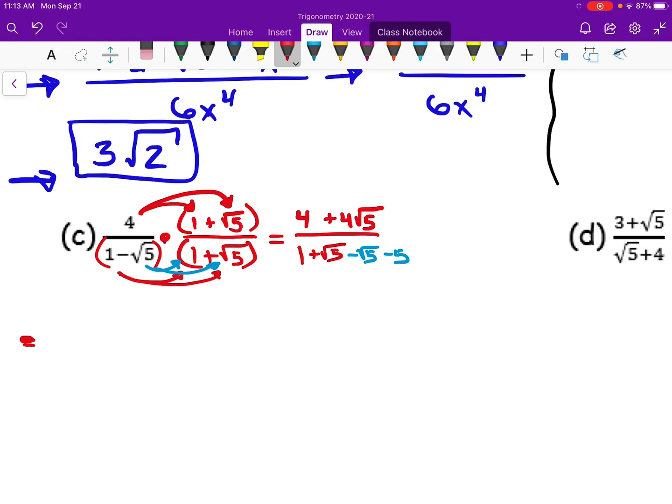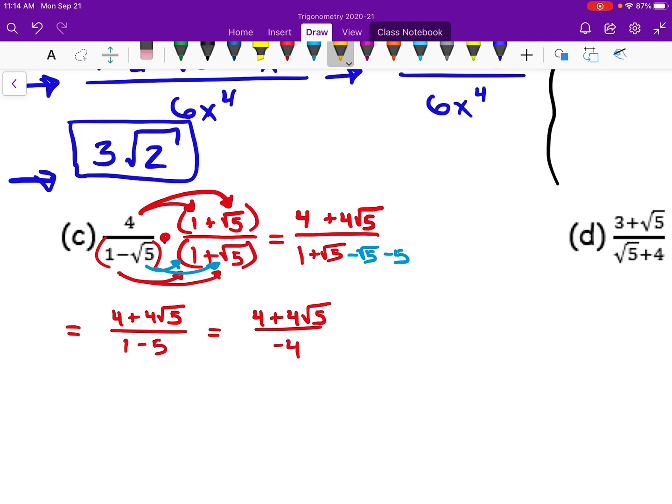So equals, top doesn't change. Over, the middle terms cancel, so 1 minus 5. One more cleanup: 4 plus 4 square root of 5 over negative 4.